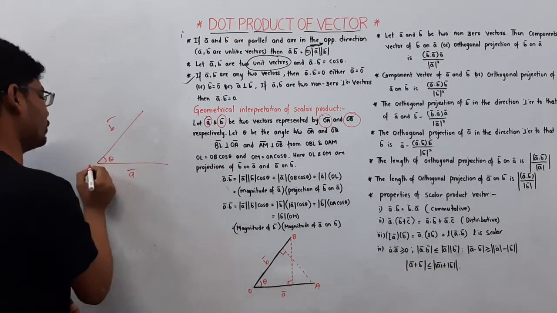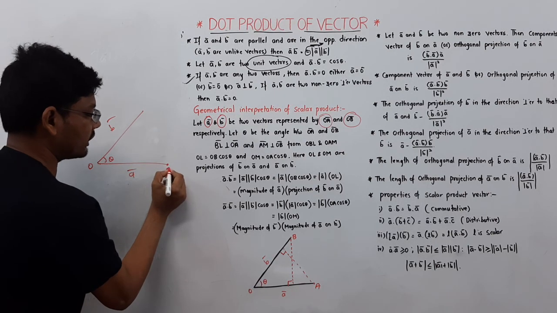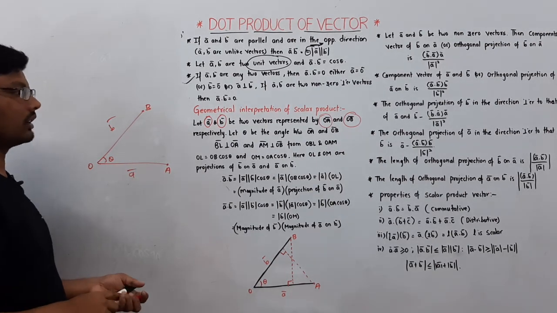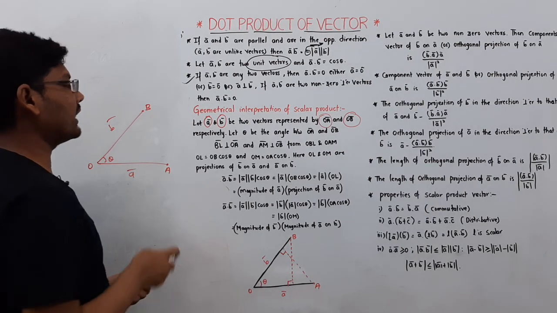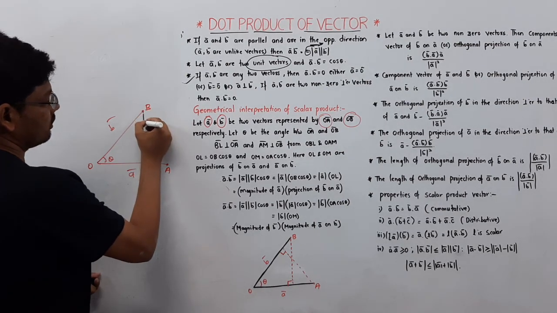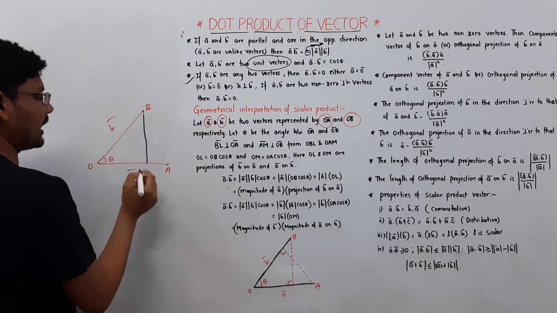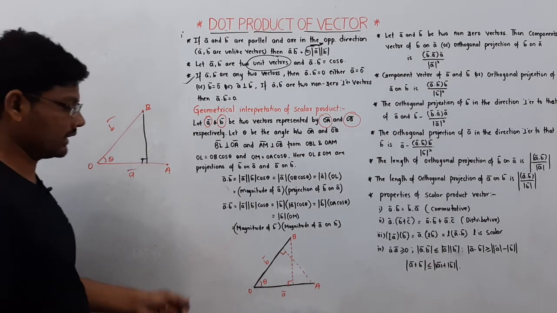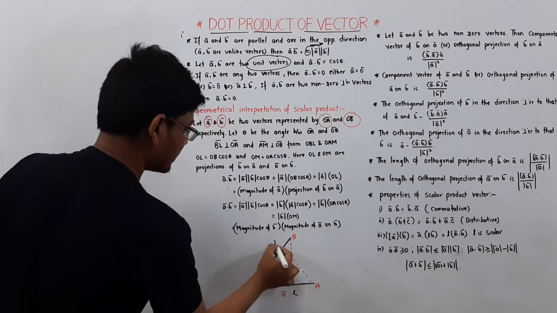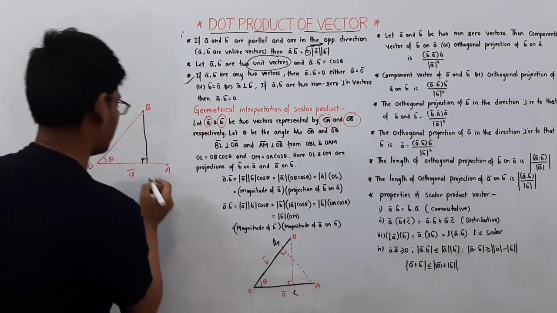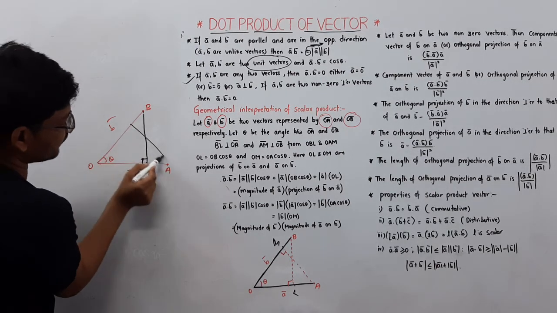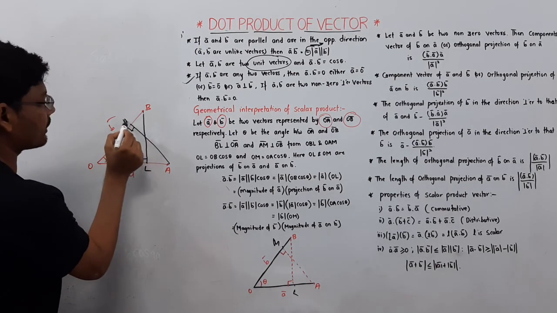Here this is O, the end point of this one is A, the end point of this one is B. Now the perpendicular is drawn to the A vector, that is this one. This is L and this is M. This is the point L and the perpendicular drawn to this point is M here.